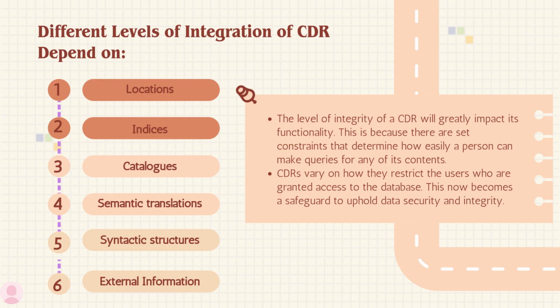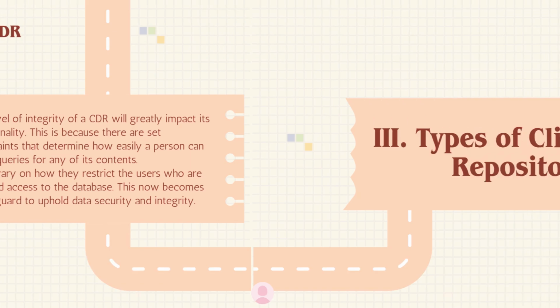This is because there are a set of constraints that determine how easily a person can make queries for any of its contents. CDRs vary on how they restrict the users who are granted access to the database. This now becomes a safeguard to uphold data security and integrity.